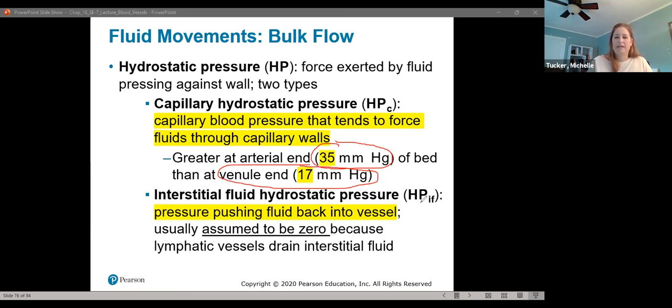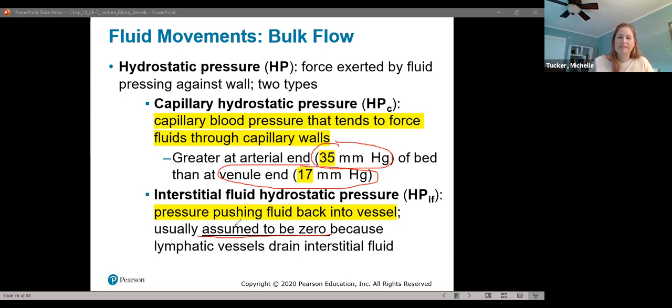The hydrostatic pressure of interstitial fluid, so the pressure of the interstitial fluid trying to push fluid into the capillary, is usually assumed to be 0 because lymphatic vessels are draining the interstitial fluid. If it's assumed to be 0, why do we bring it up at all?